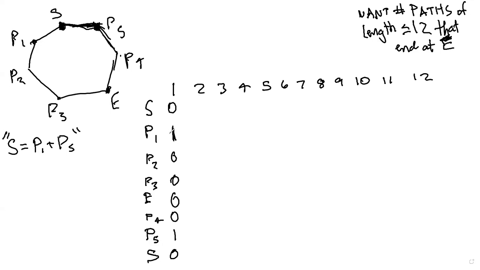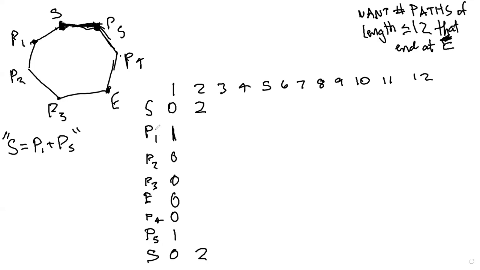It can come from P1 at time 1, or it can come from P5 at time 1. So S is actually going to be equal to 2. And we can check this. There are two ways to get from here to here. I suspect I might be losing people.